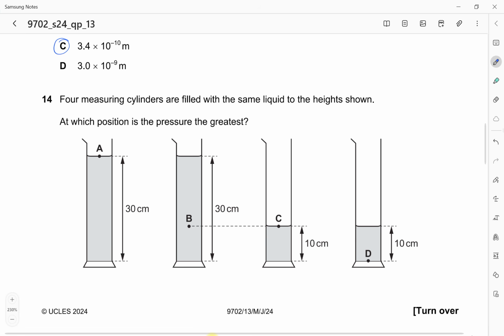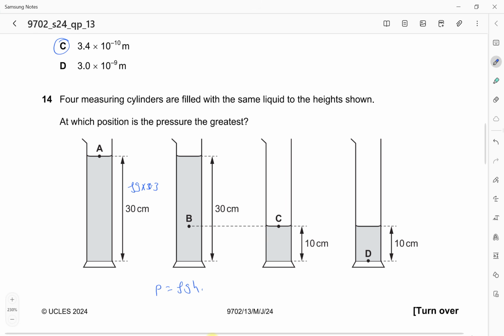4 measuring cylinders are filled with the same liquid to the heights shown. At which position is the pressure greatest? Remember, pressure in a liquid is equal to density times g times height, where h is the height of the liquid above. So here the pressure is going to be density times g times 0.3.